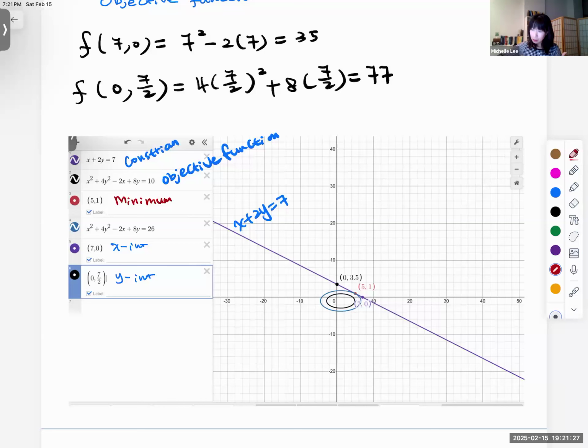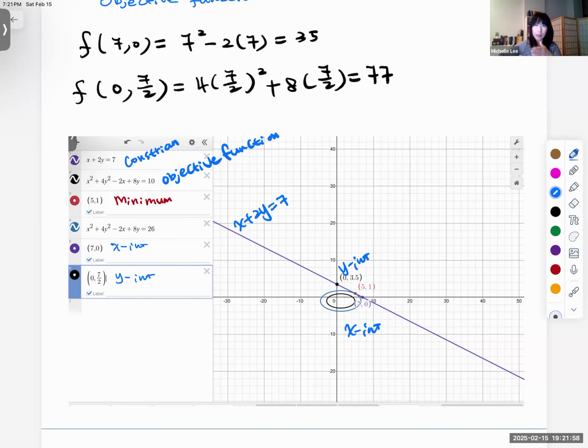So look, this is a y-intercept, which is above (5, 1), right? And this is the x-intercept, which is below (5, 1), right?